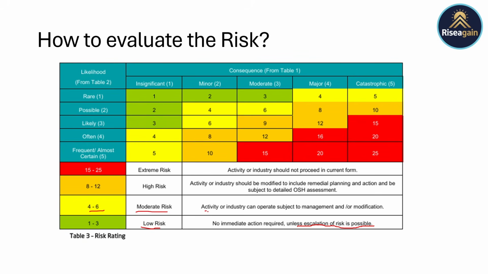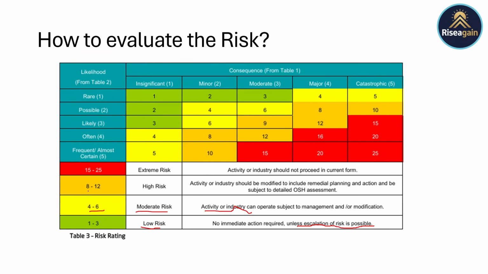So activity or industry can operate subject to management and or modification. If this says that yes, we can operate the activities, or we can continue the activities, or we can operate with some modification, so yes, they can operate the activities.